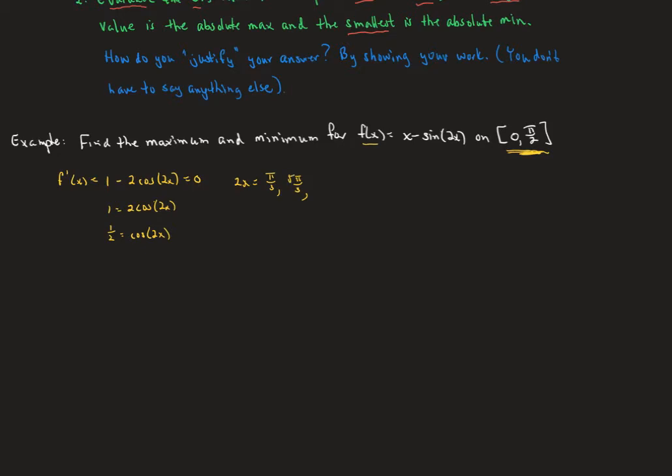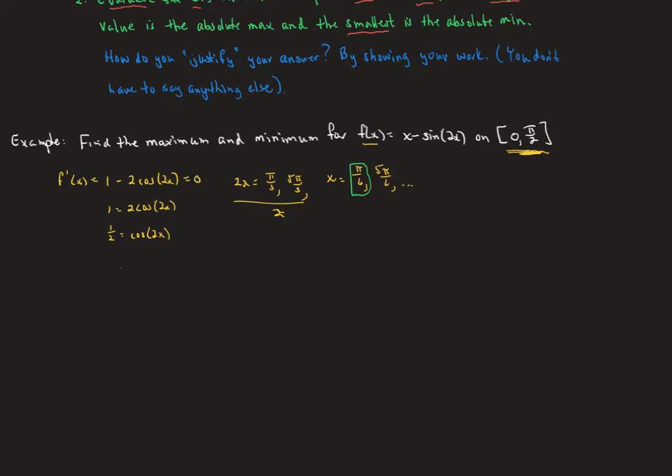If we divide by 2, we're going to get that x could be pi over 6 or 5 pi over 6, but if our domain just goes from 0 to pi over 2, pi over 6 is the only critical point in our domain.